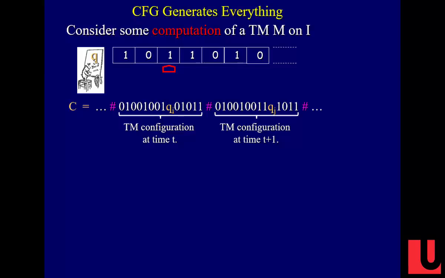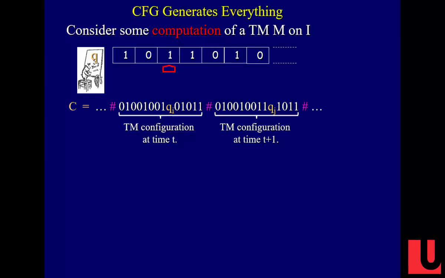And what does the time step do? It says what's on the tape at that time step, and you want to know where the head is. So the head is wherever this Q_i character is, serving two functions. It tells you what state the Turing machine is in, and by its location, it's telling you where the head is. All right, so that's a computation.